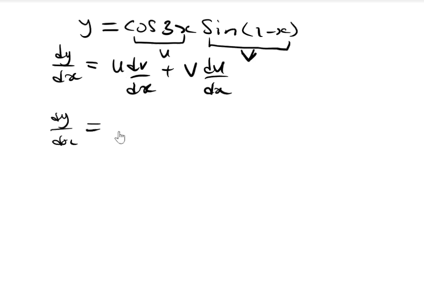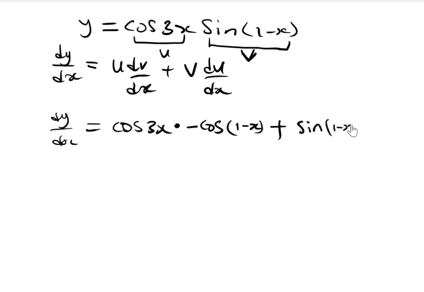Our u is cos 3x multiplied by dv/dx, which is negative cos(1 minus x), plus v, which is sine(1 minus x), multiplied by du/dx, which is minus 3 sine 3x.